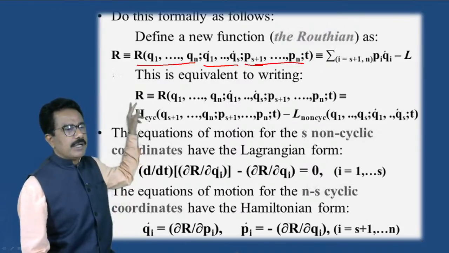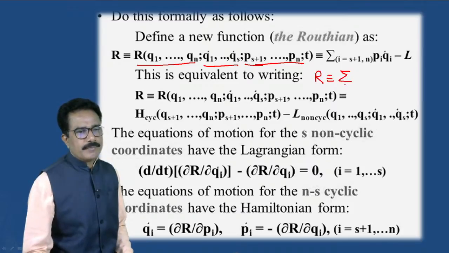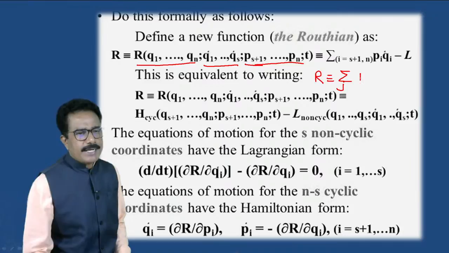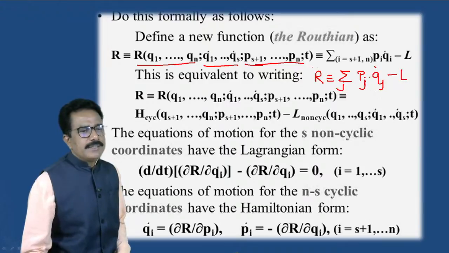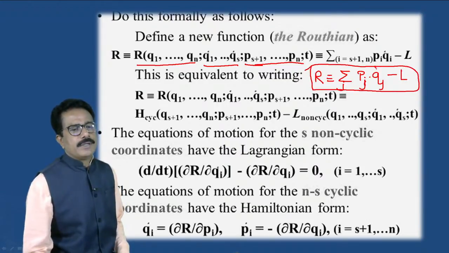So this Routh function can be written as R equals summation over j of pj qj dot minus L. This is the definition of the Routh function.